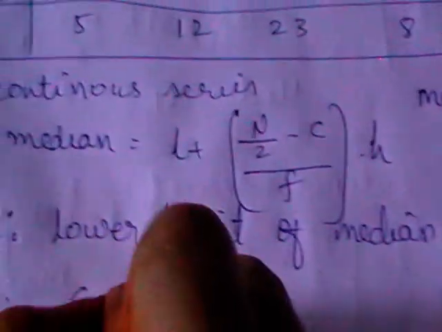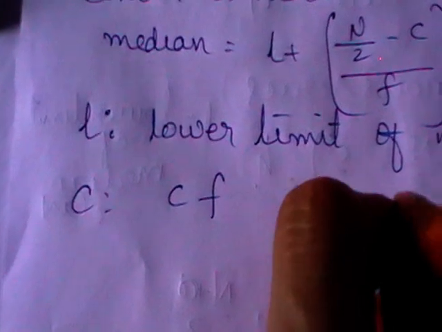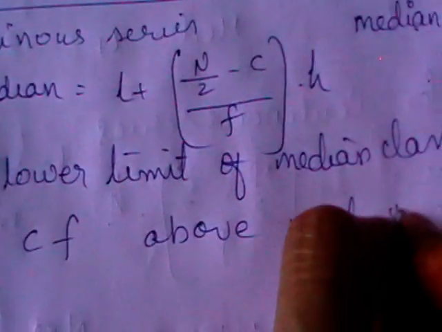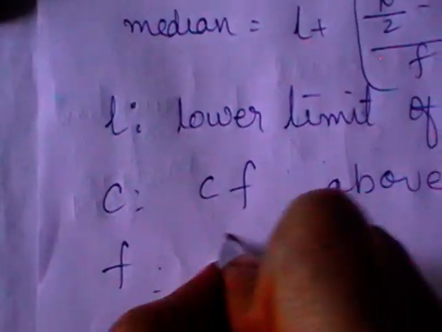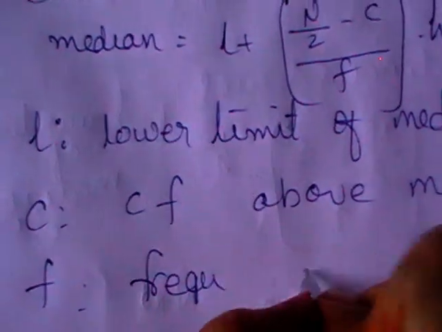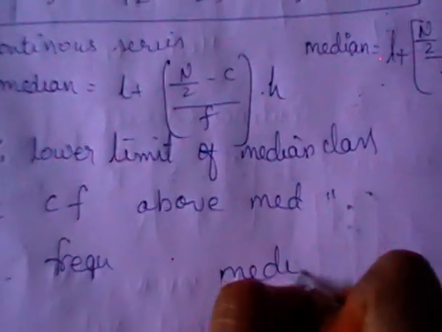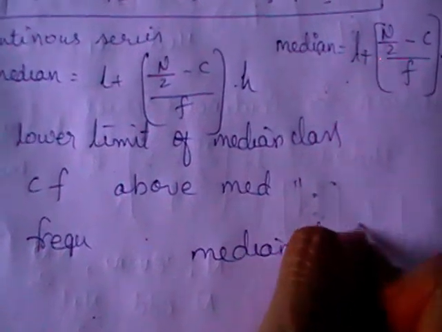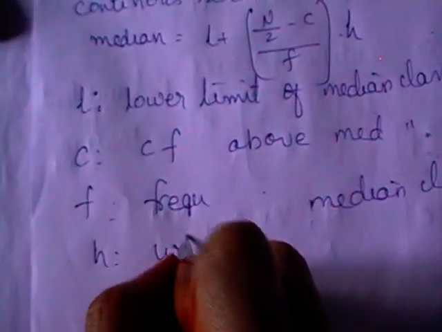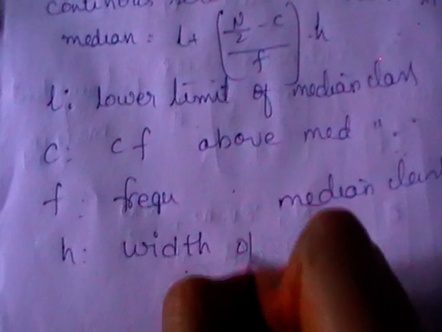C is nothing but the CF above the median class. What is F? Frequency of the median class. H is the width of the class interval.